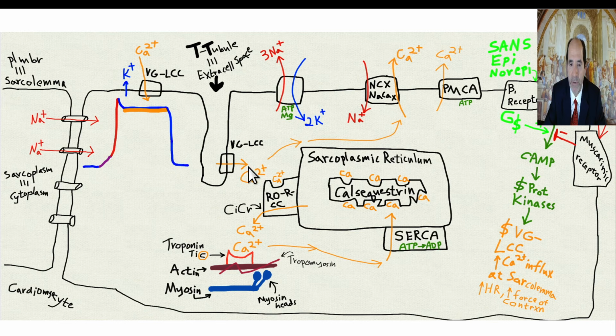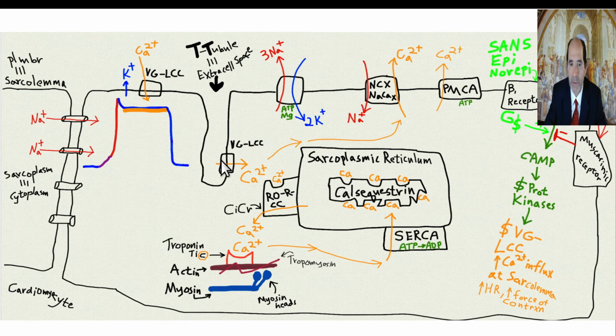When this calcium enters the sarcoplasm of the cardiac muscle cell, it will bind to the ryanodine receptor on the sarcoplasmic reticulum. The sarcoplasmic reticulum in cardiac muscle is like the endoplasmic reticulum in other cells, but it's especially designed to store a lot of calcium. It binds to the calcium binding protein inside called calsequestrin.